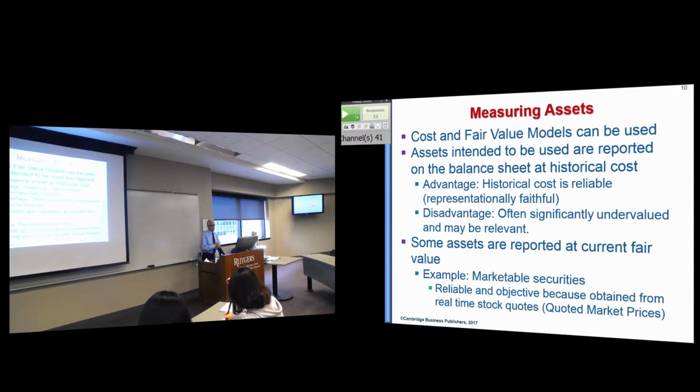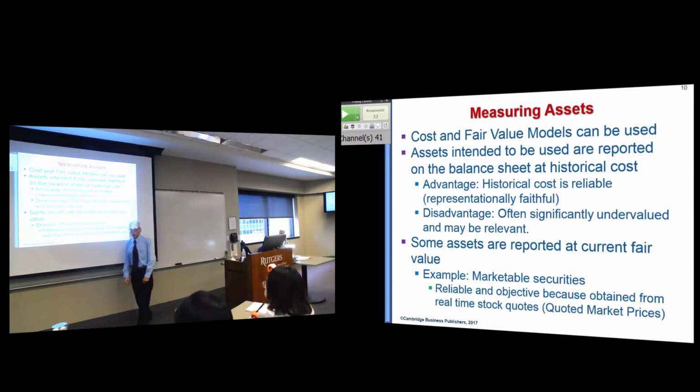We know that market values, especially quoted market prices, are used for securities. And we really don't worry too much about quoted market prices because they are reliable, they're objective, they're real-time stock quotes, so we don't worry as much about the representationally faithful values that we get.